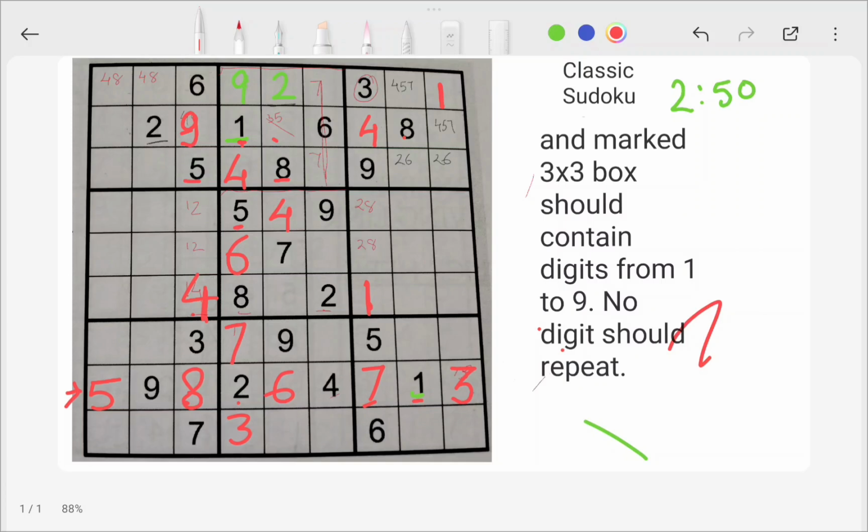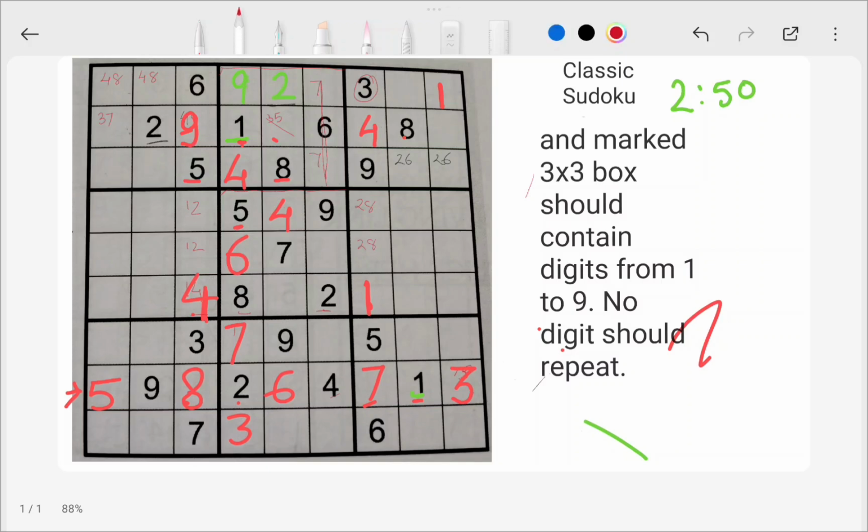See this first box, only 3 numbers are left. That is 1, 3 and 7. 1 we cannot place here, so this must be 3, 7. And from this we can erase 4.